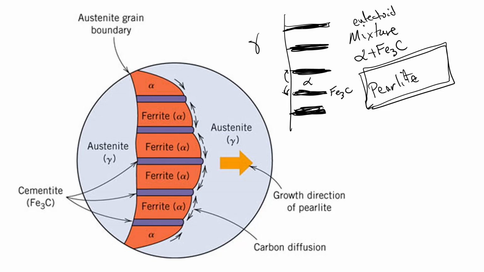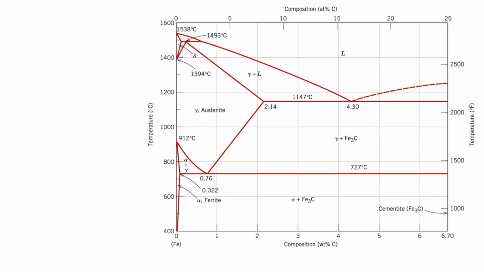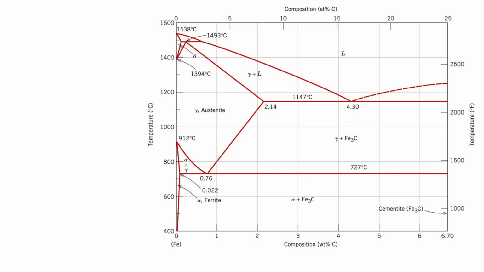But what we know now is that it's this layered mixture of alpha, ferrite, and Fe3C. It's a two-phase mixture. So now let's go back to our iron-carbon phase diagram here, and let's talk about a steel that has, we're going to do an example problem here.